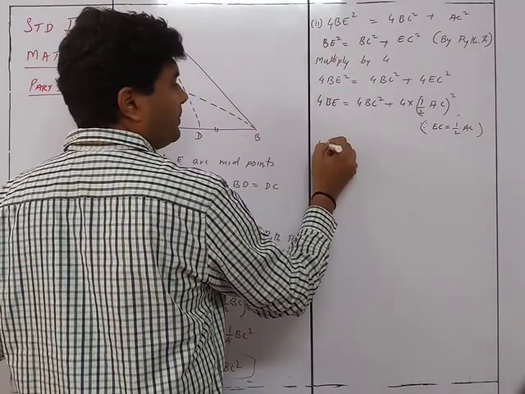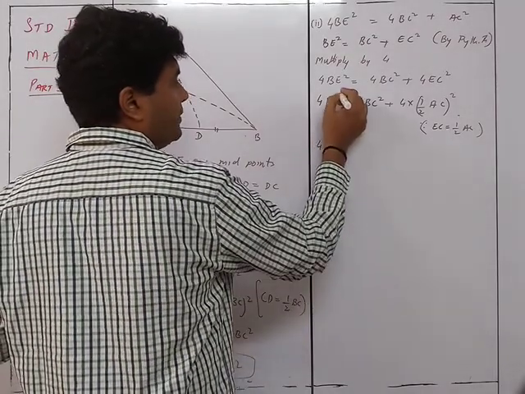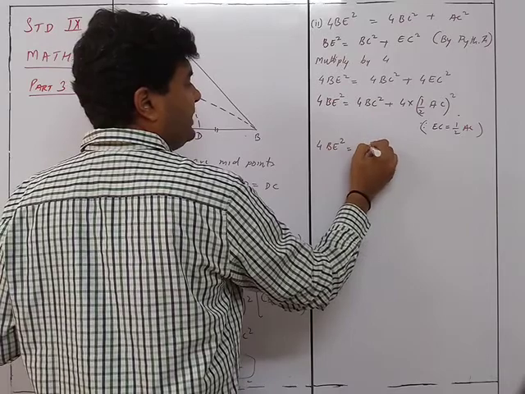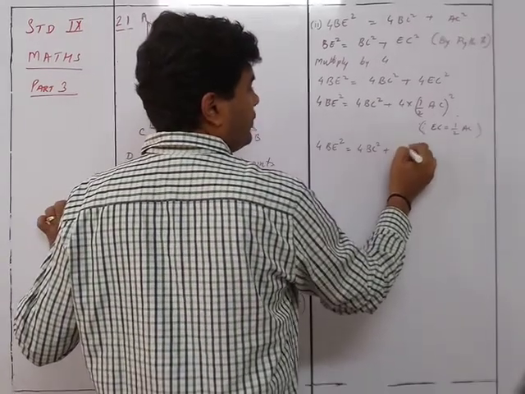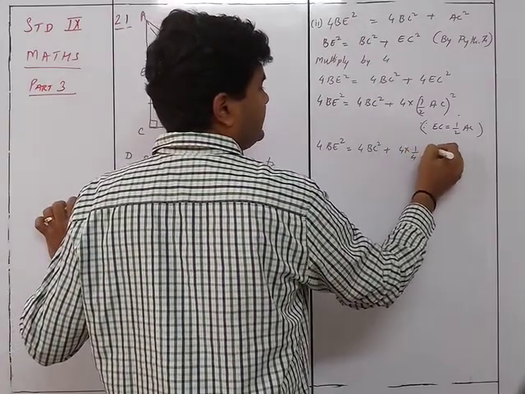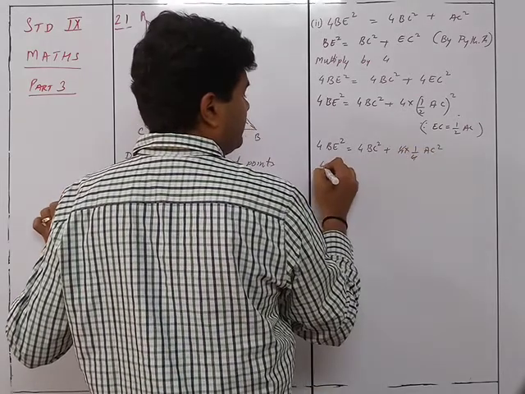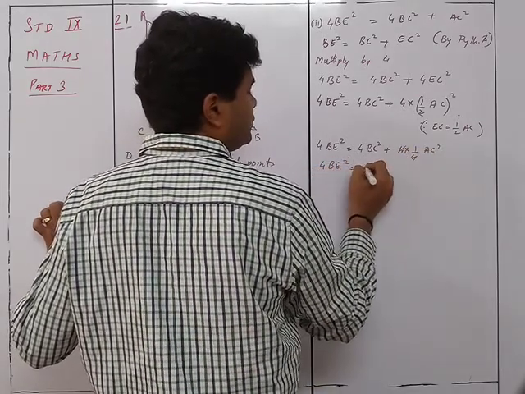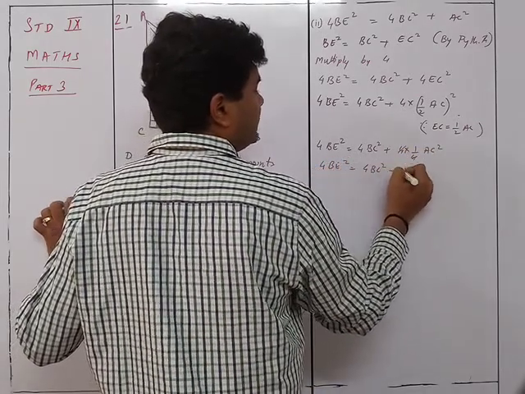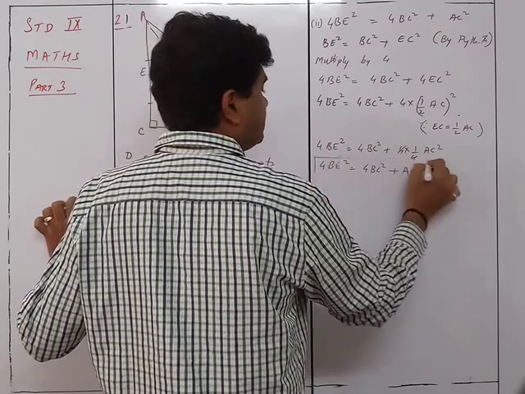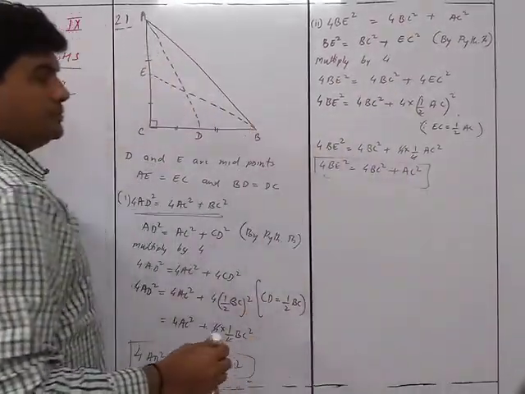So we have 4BE square is equal to 4BC square plus 4 into 1 upon 4 AC square. Hence we get 4BE square is equal to 4BC square plus AC square, which is what was required.